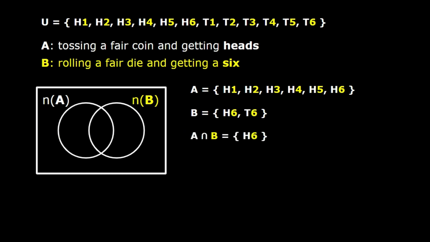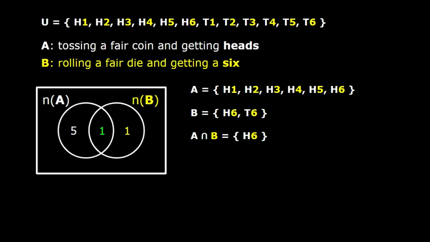And that means there's only going to be one outcome where you can get both a heads on the coin and a 6 on the die. So once we know that our overlap has one outcome in it, we can subtract 1 from the number of elements in sets A and B and get 6 minus 1 for the A only section in our Venn diagram, and 2 minus 1 for the B only section in our Venn diagram.